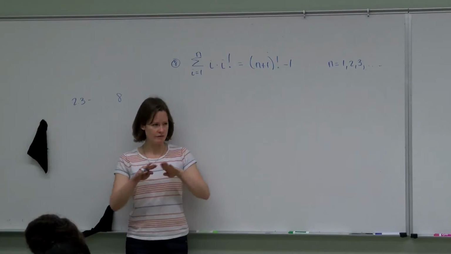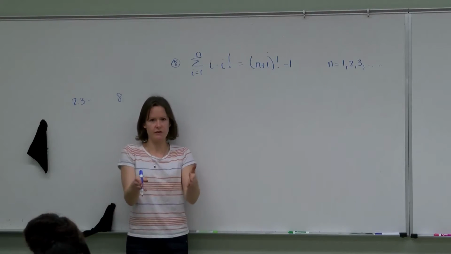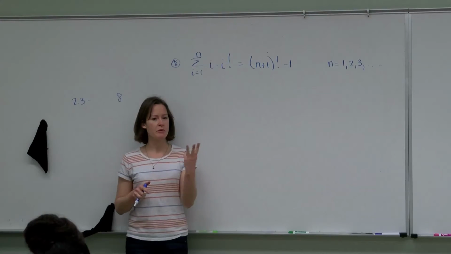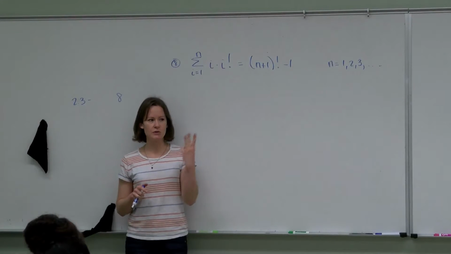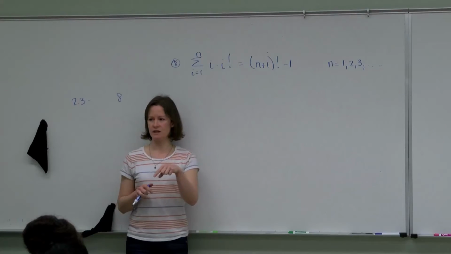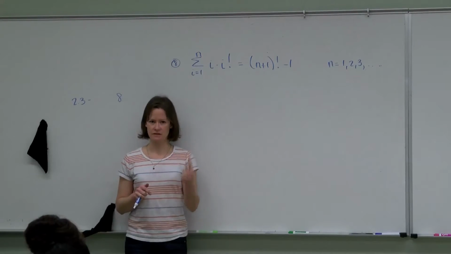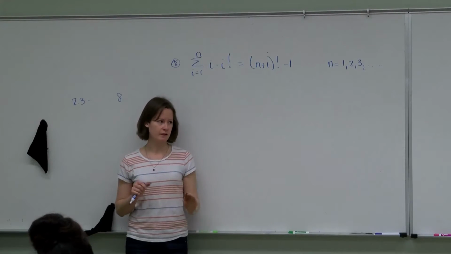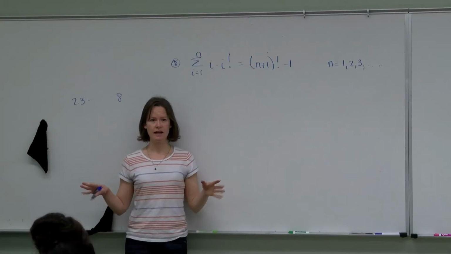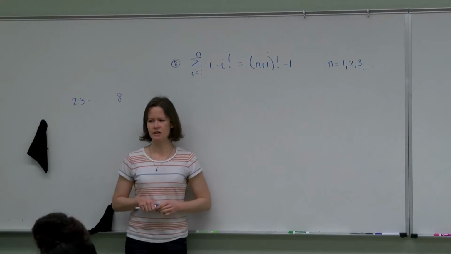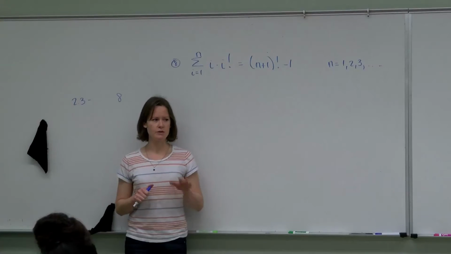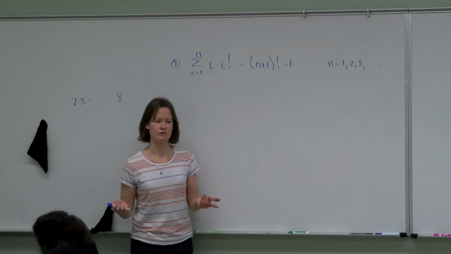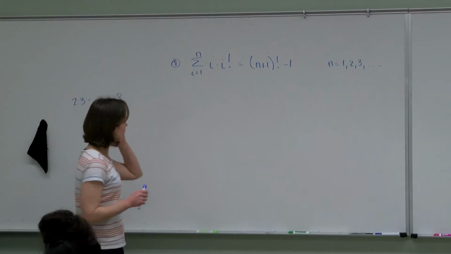We've established that this works for the first k many values. Then step 3, using that inductive hypothesis, we show that it also holds for the k plus first value. Generally to get from step 2 to 3 is just algebra. Occasionally there's something trickier, but usually it's just some algebraic manipulation and we want to be clever or strategic about it.